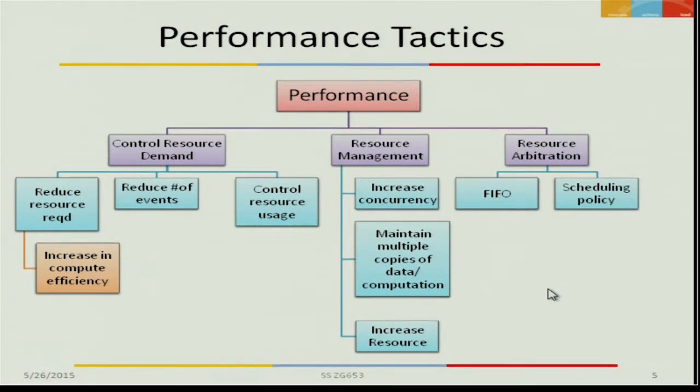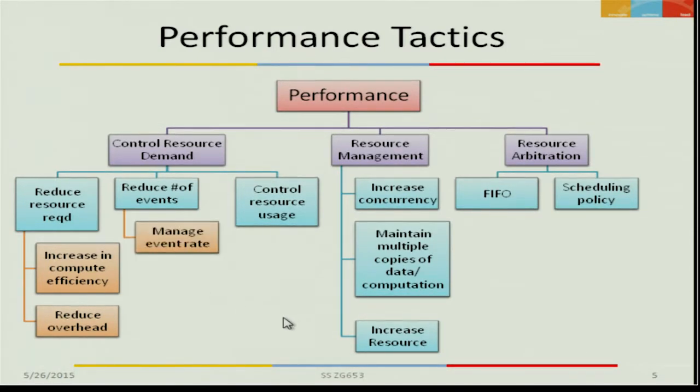So under reduction of the resources required, how can you do it? You can reduce the resource consumption by increasing the compute efficiency, or you can reduce the overhead. Under the reduction of events, you can manage different event rates, or you can control different sampling frequencies, which will also reduce the events.